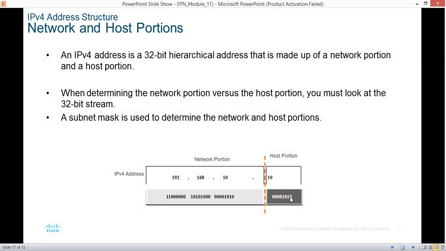We have said that IPv4 is 32 bits in length, with the network portion versus the host portion. If you look at an IPv4 address, typically like what you can see on the screen, 192.168.10, a lot of engineers are used to 192.168.10. But in this section, we will talk more about other IP addresses, like class A, which is 10.10.0 and all of that, and then class B, which is 172.